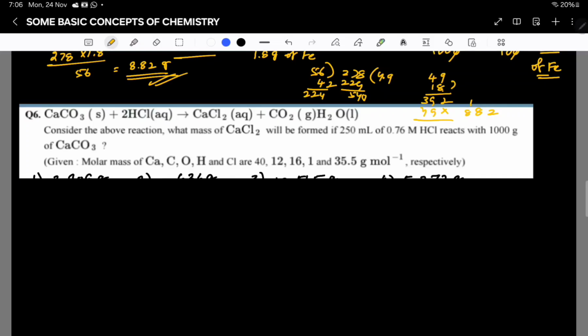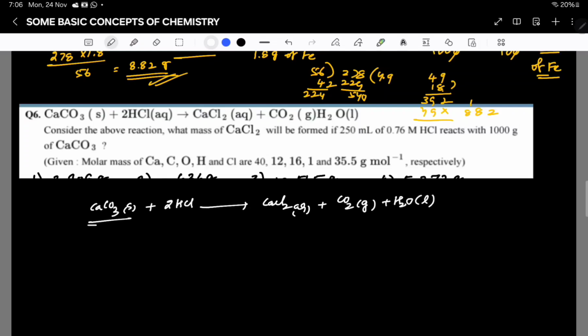Now look at, student, this question is related to CaCO3 solid plus 2HCl gives rise to CaCl2 aqueous plus CO2 gas plus H2O liquid. The question is directly related to calcium carbonate versus calcium chloride.